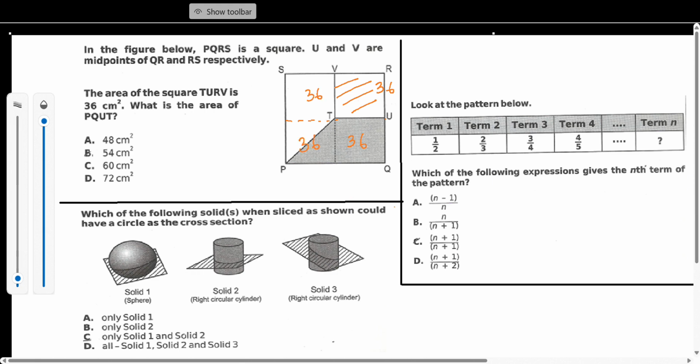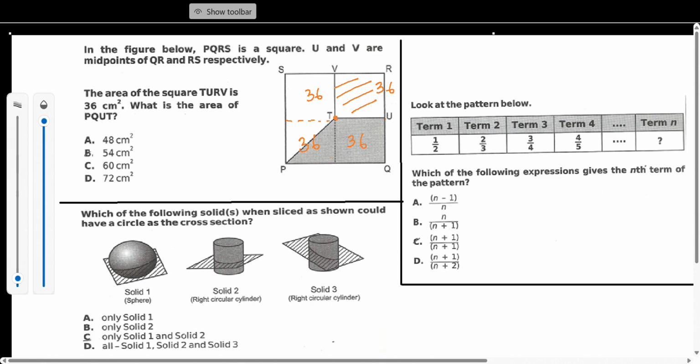Now, if you look at this small portion that is divided by the diagonal PT, obviously this is half of this because V and U are midpoints and this is also a square. T also has to be the midpoint of this middle line.